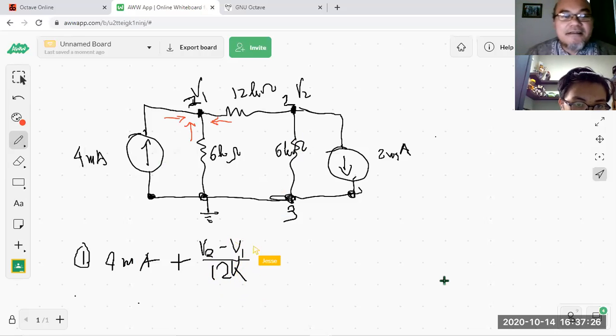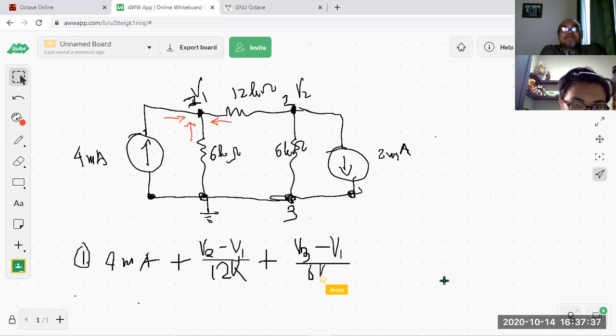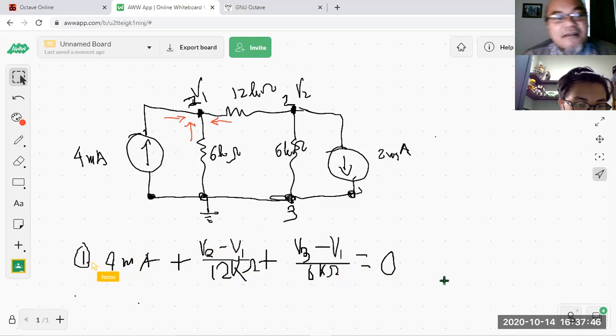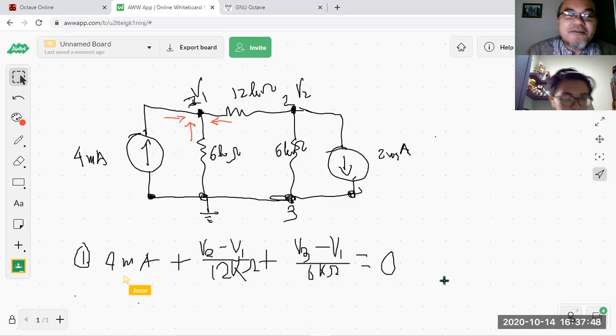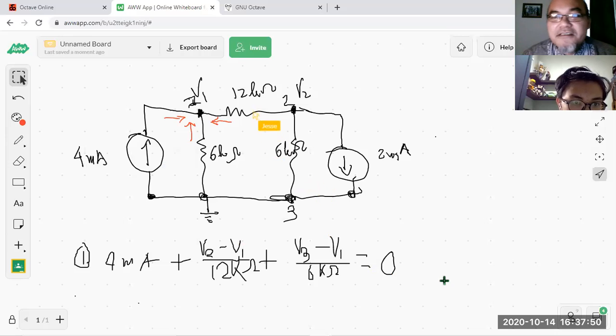Plus V3 minus V1 divided by something, equals 0, right? But this is supposed to be minus, right, sir? No, because your perspective now is current entering the node. Since 4 milliampere is entering the node, it stays positive.